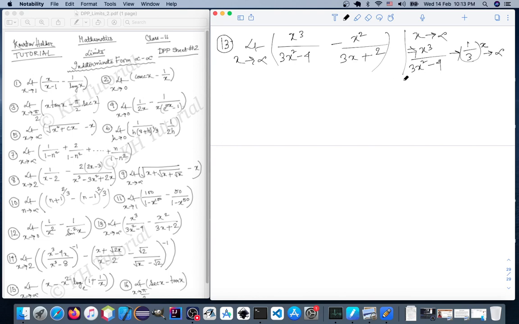Similarly, we have x square by 3x plus 2 will tend to x by 3 as x tends to infinity. Therefore, we have infinity minus infinity form. Now, let's simplify this expression and see what happens.